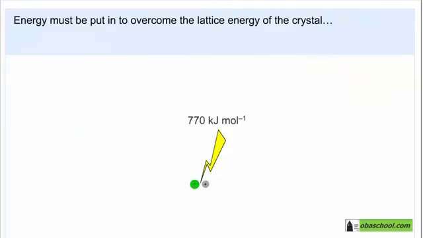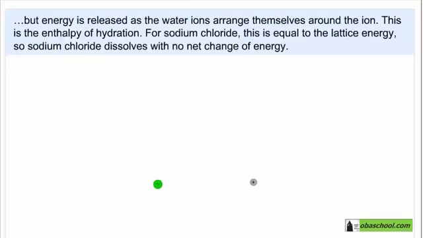At the beginning, we needed energy to break the ionic bond among the lattice. This energy is called lattice energy. After the lattice separates, the water surrounds the ions, so energy is released.